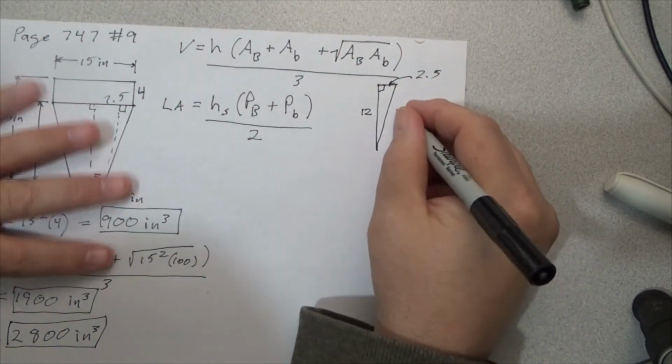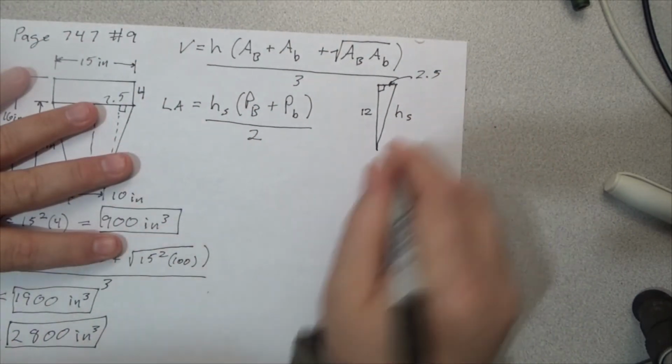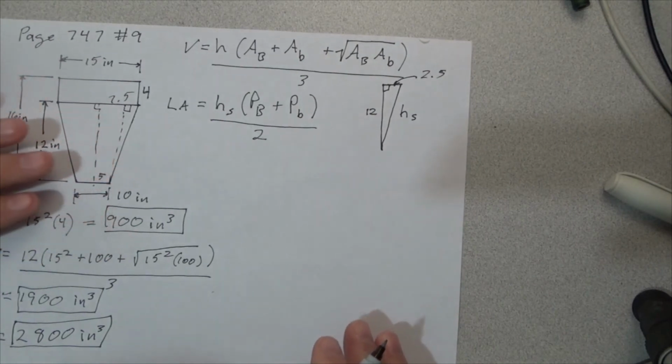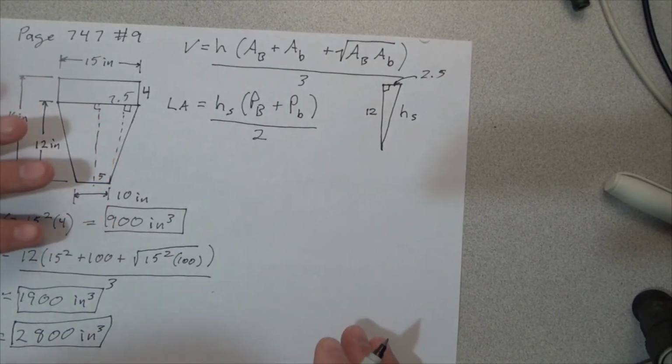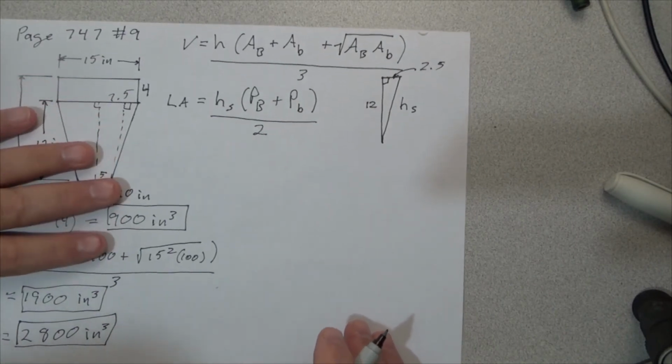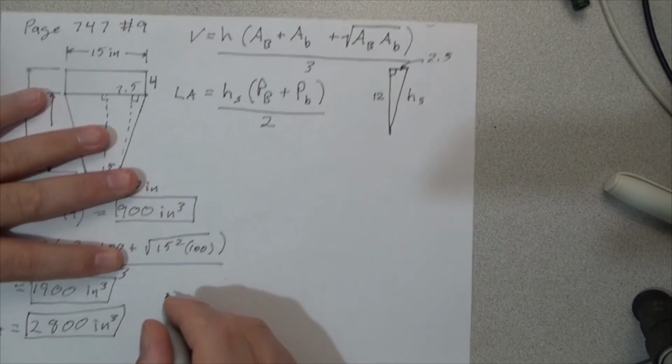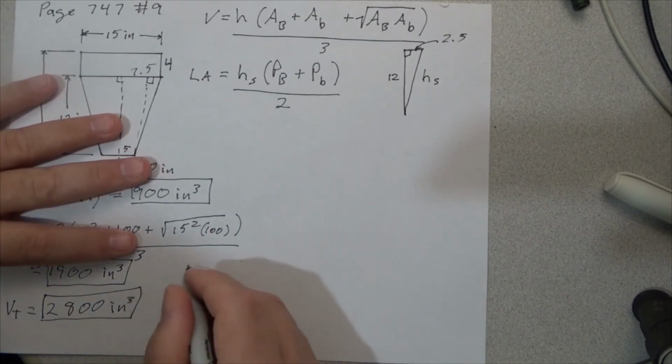What I'm looking for is the slant height right there. So, see, I got a little bit of room down here. I'm going to use this room down here to do that.